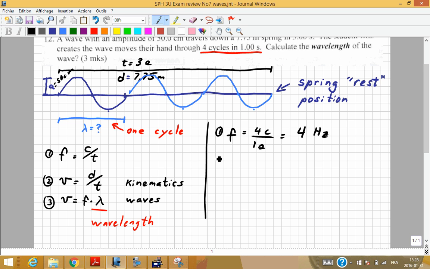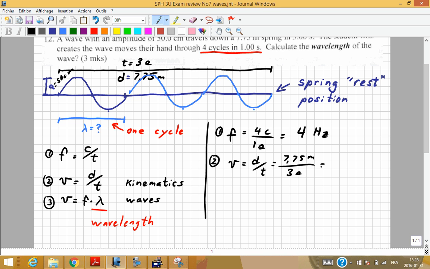Okay, so next part. We want to know what the speed of this wave is when it crosses our spring. So V equals d over t is 7.75 meters divided by 3 seconds.